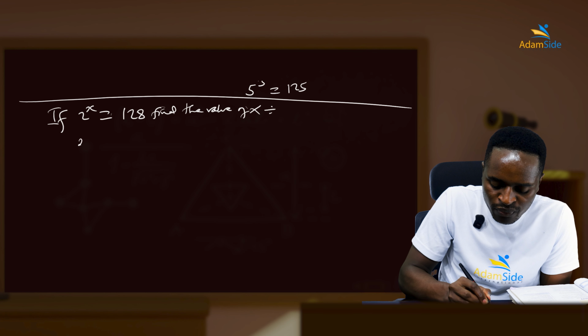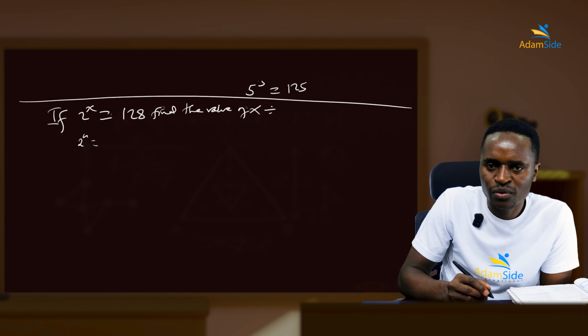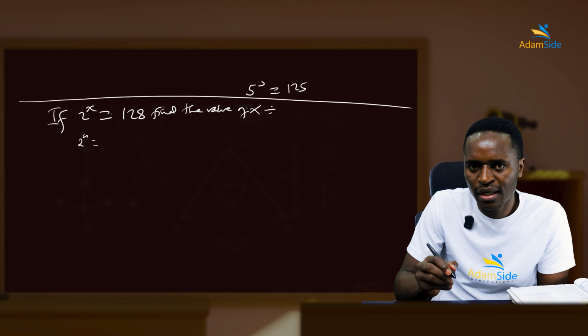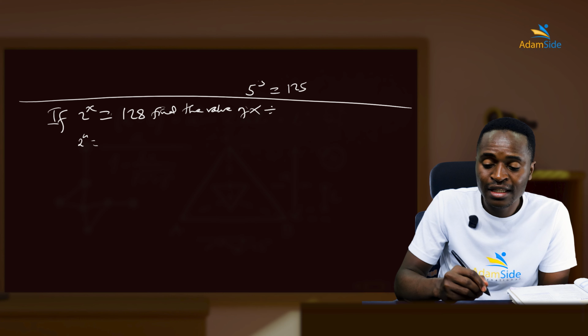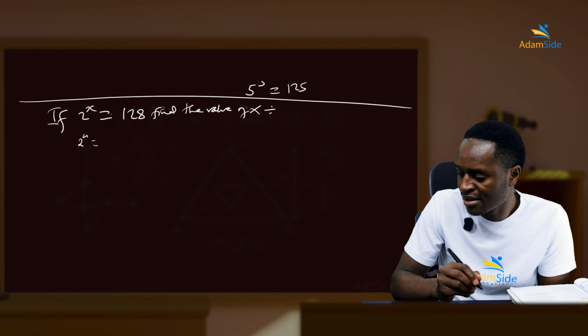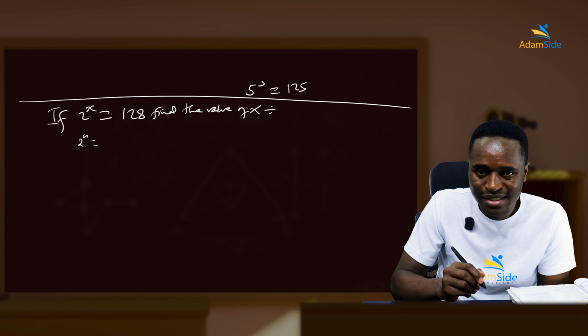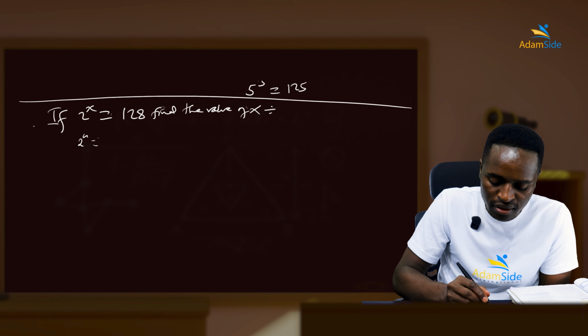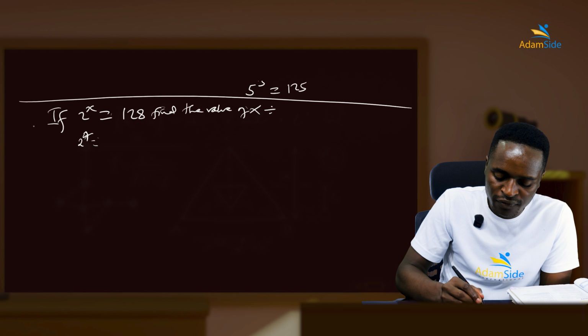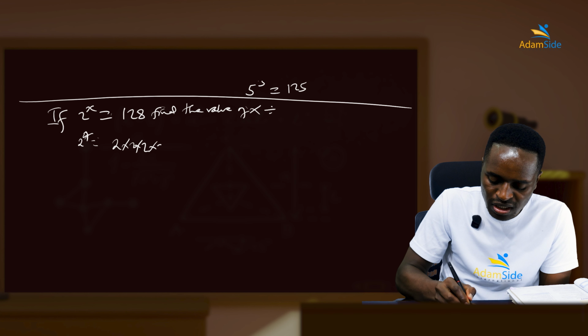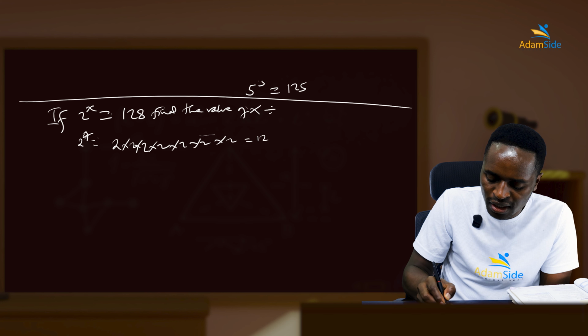You start with 2 power 0, 2 power 1, 2 power 2, 2 power 3, until the number is close to your answer. If you try 2 power 7, that is 2 times 2 seven times. 2 times 2 is 4, 4 times 2 is 8, 8 times 2 is 16, 16 times 2 is 32, 32 times 2 is 64, 64 times 2 is 128.